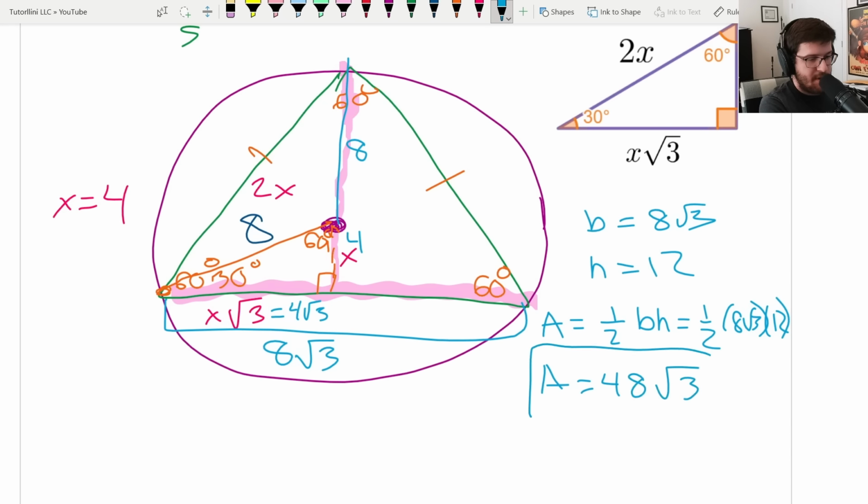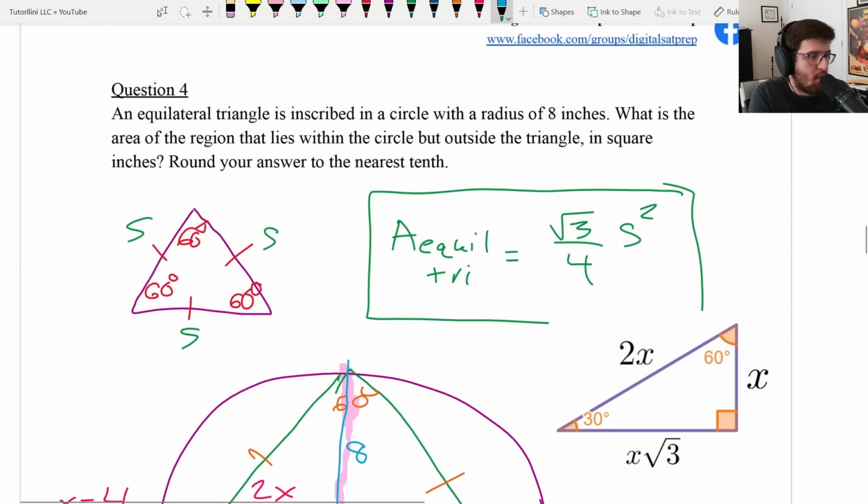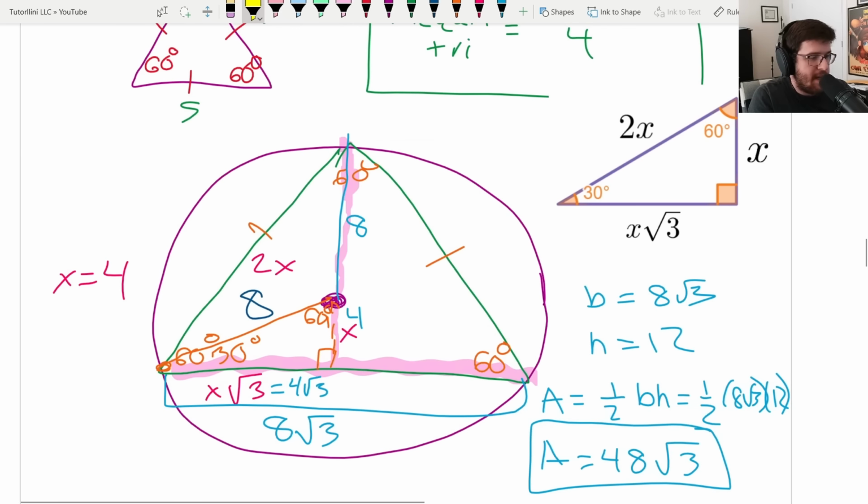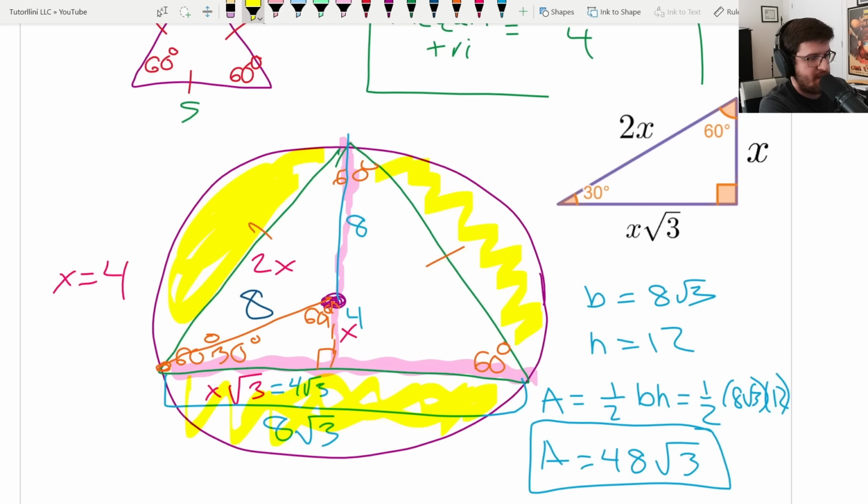And I kind of glossed over this, so I'll go over it now, guys. That's not the answer because the question wants the area of the region that lies within the circle but outside the triangle. So it wants us to find this area, all this area outside the triangle but inside the circle.